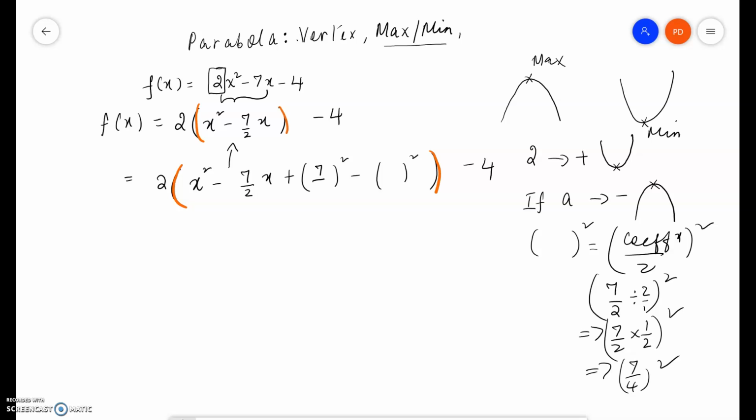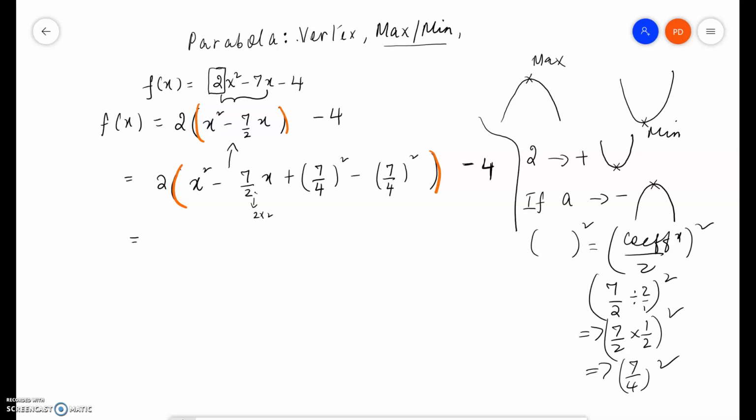So coefficient of x divided by 2. So when we divide by 2, basically the 2 in the denominator gets multiplied by 2 and we get a 4. We add and subtract the square of 7 over 4. And then of course we have the minus 4.